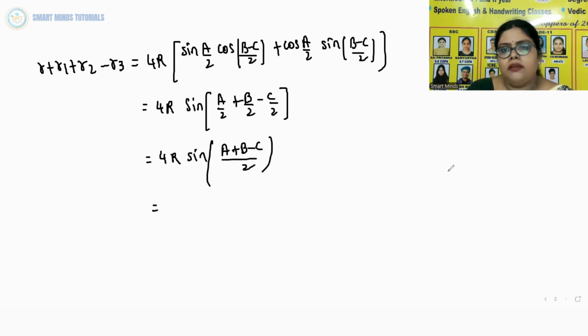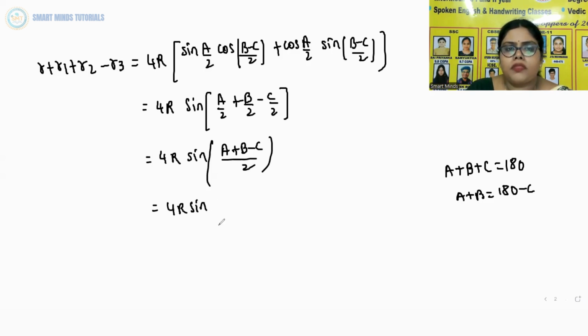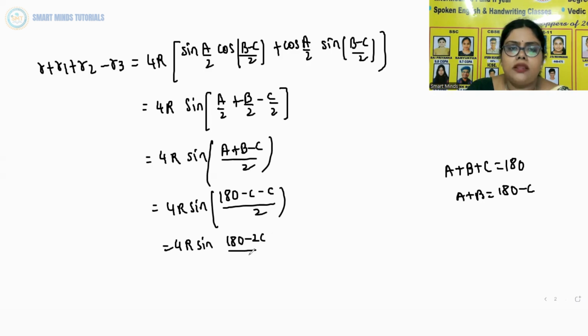Now you see, it is properties of triangles, right? So we know that always A plus B plus C is 180 in a triangle. So A plus B can be written as 180 minus C. So 4R sin((180 minus C minus C)/2), that is 4R sin((180 minus 2C)/2).